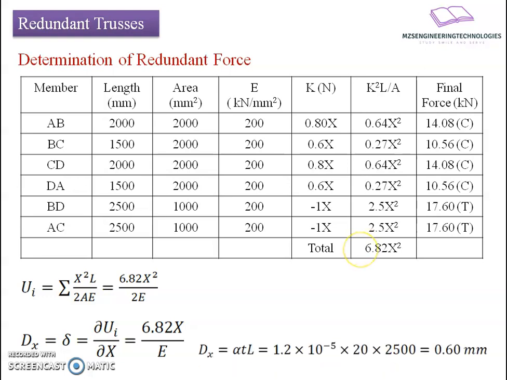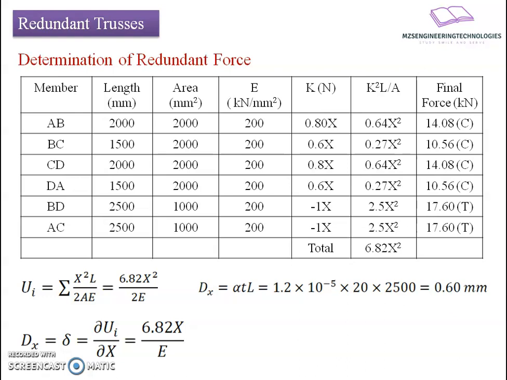If you talk about the dx, the displacement which has been observed by the member under temperature change, it comes to be alpha into T into L. The alpha value we know, 1.2 into 10 raised to -5, multiplied by 20 as the temperature change, multiplied by the length of that particular member, which works out to be 2500 with reference to the geometry given to us.